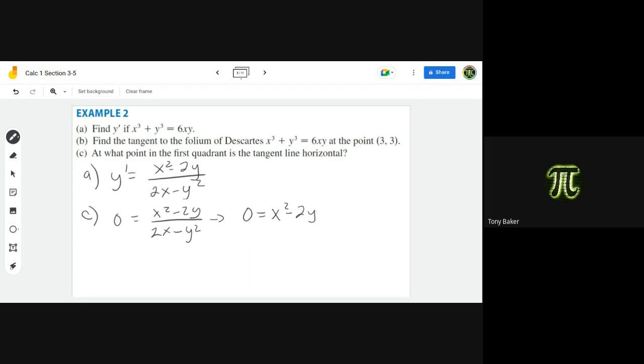So what do I get next? Okay, so 2y equals x squared. So y equals x squared over 2.